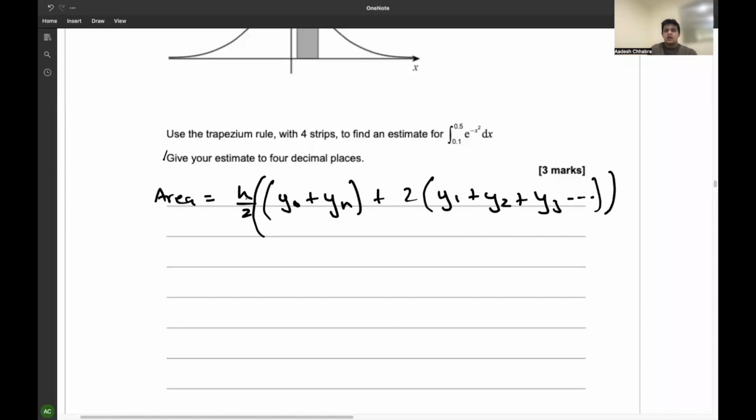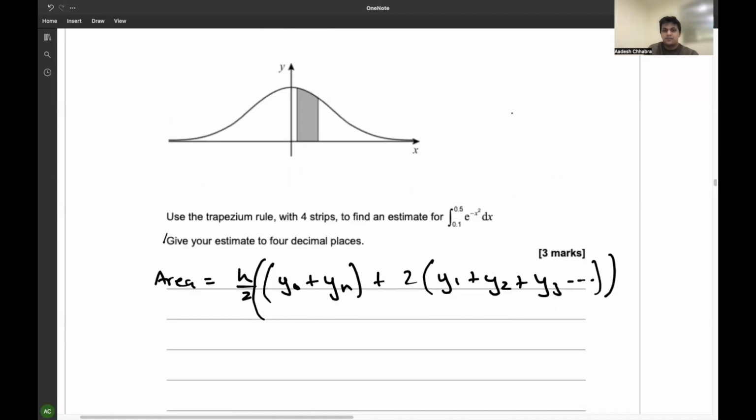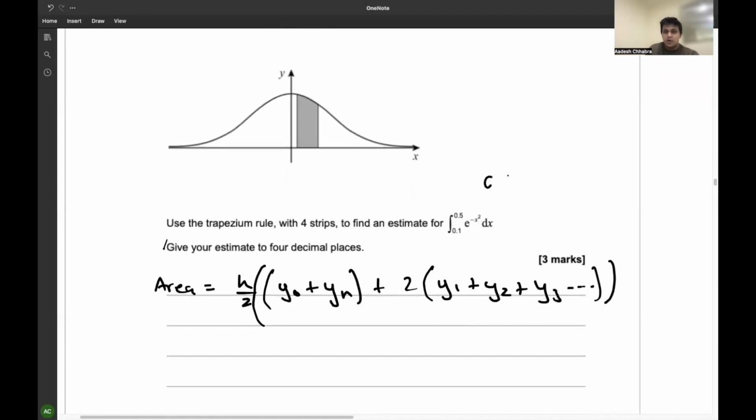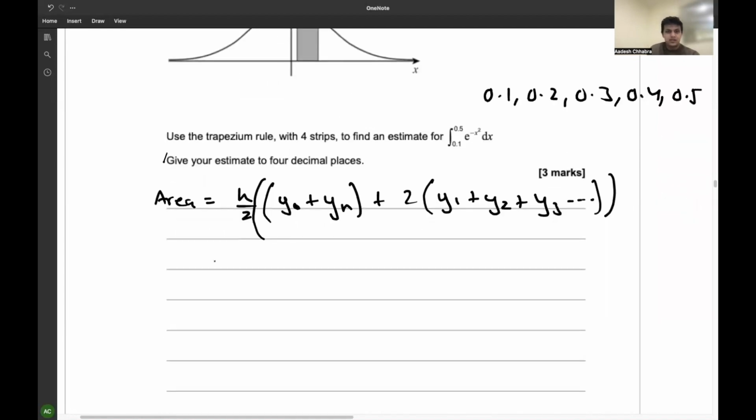Okay, so in this case, I'm going to choose a height of 0.1. So essentially, my values for x that I'm going to take for my strips are 0.1, 0.2, 0.3, 0.4, and finally 0.5. And we can see that the height of each trapezium would be equal to 0.1. So here I can go ahead and do that, where my height is equal to 0.1 divided by 2, and my first y would be my y when x is equal to 0.1.